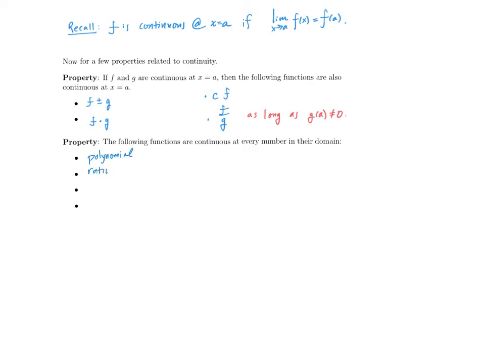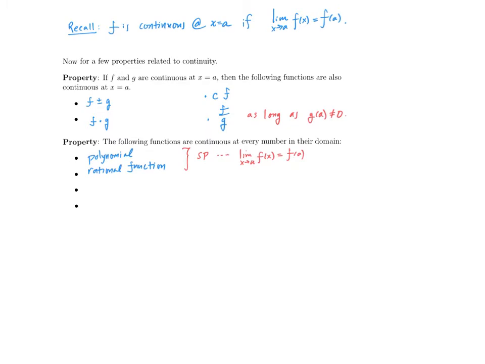A polynomial or a rational function automatically satisfies that definition of continuity by the substitution property, which recall tells us that the limit as x approaches a of f of x is equal to f of a.